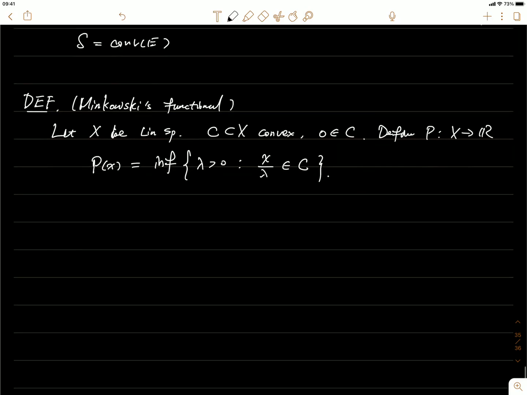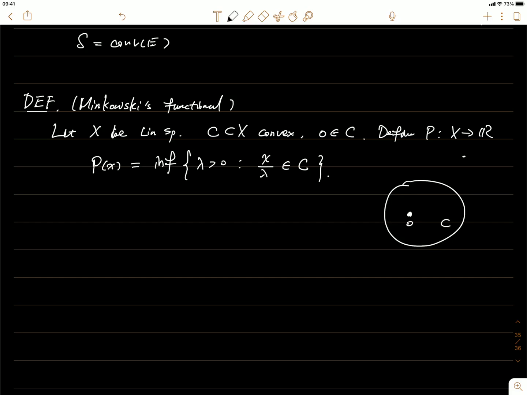Okay, so what this means, you can try to draw pictures yourself to have a better understanding. Roughly, suppose you have the set C here which contains 0. This is convex.